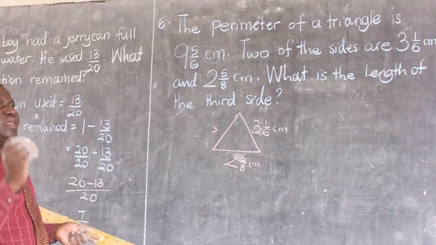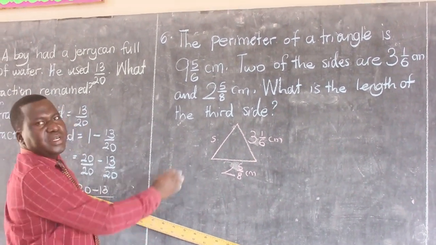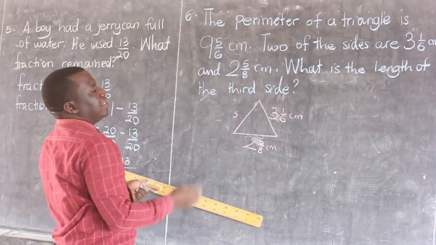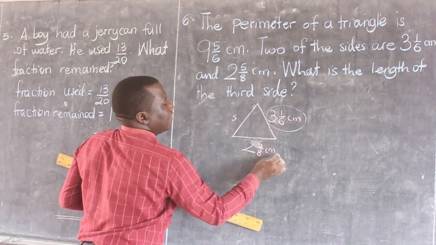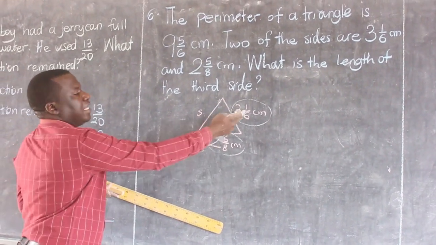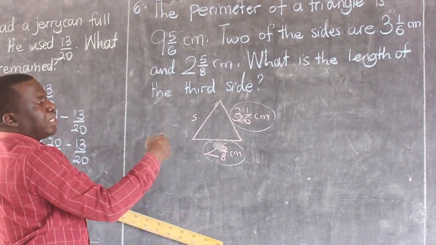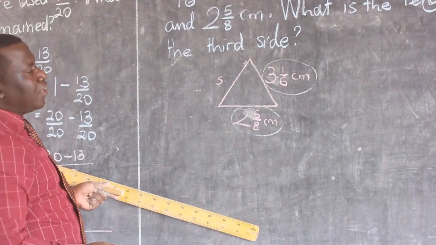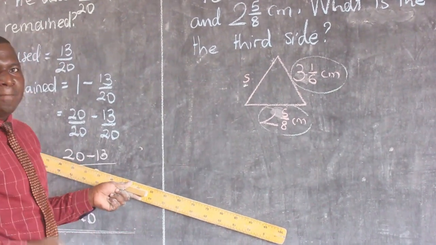So you should be able to interpret this question properly. If you know the perimeter, it means if you added these two sides first, the answer you get after adding these two sides, you now subtract it from 9 whole numbers and what? To get this side. Okay?